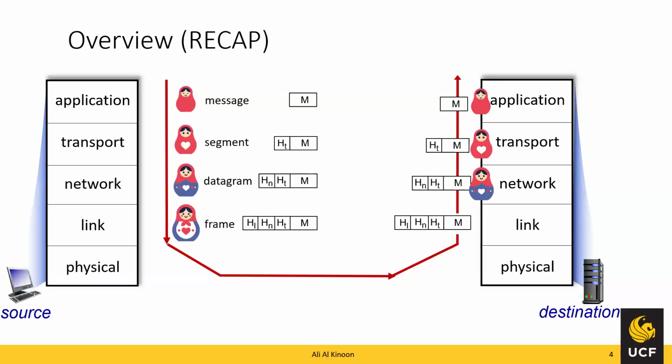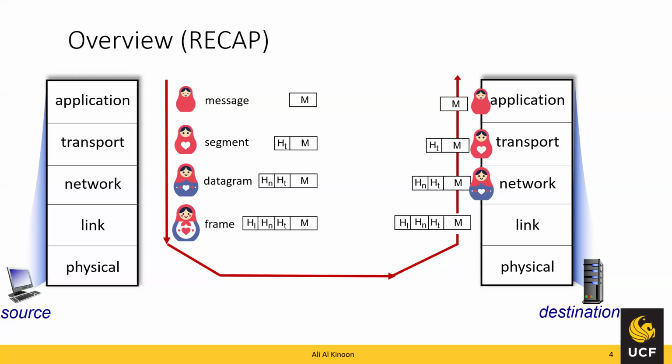So this slide is a recap from the last chapter, and this one is very important, such that when we speak about today's lecture, everything is clarified. So this is how the data moves through the layers that we have. Data starts at the application layer, as we see, with a message M, also known as the data or the raw data or the payload.